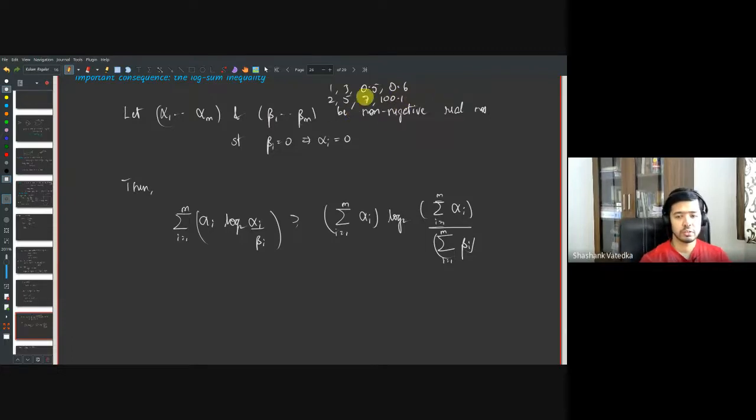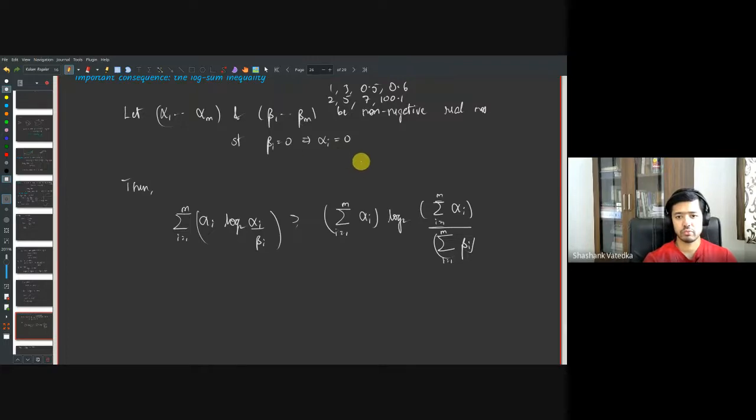Doesn't matter. So I take a pair of these sequences, both of length m, alpha 1 through alpha m and beta 1 through beta m. And I want them to also satisfy this technical condition that if beta i equals 0, then alpha i equals 0.